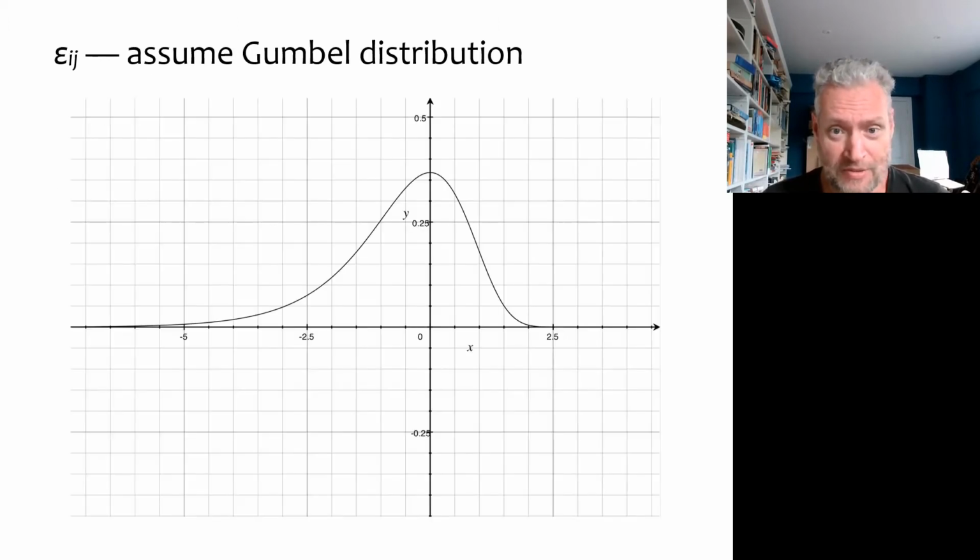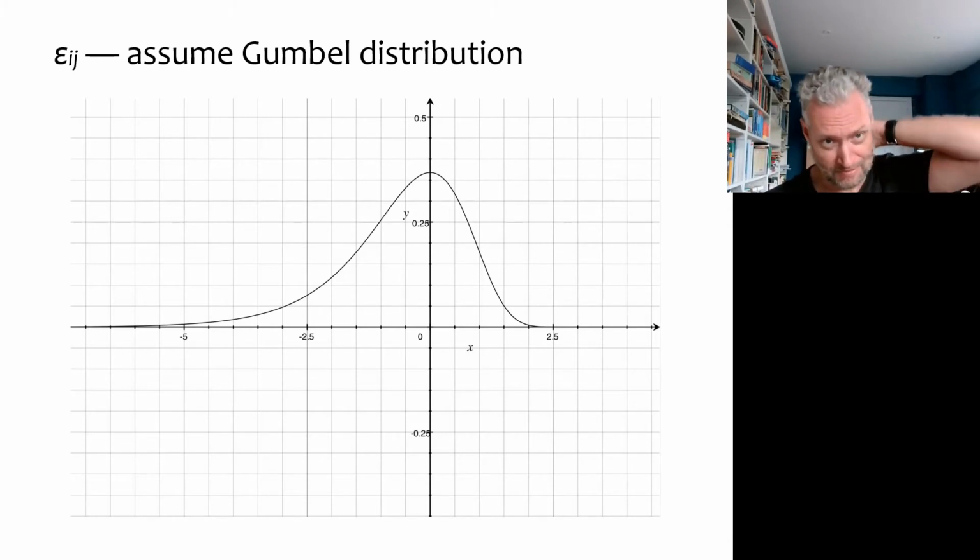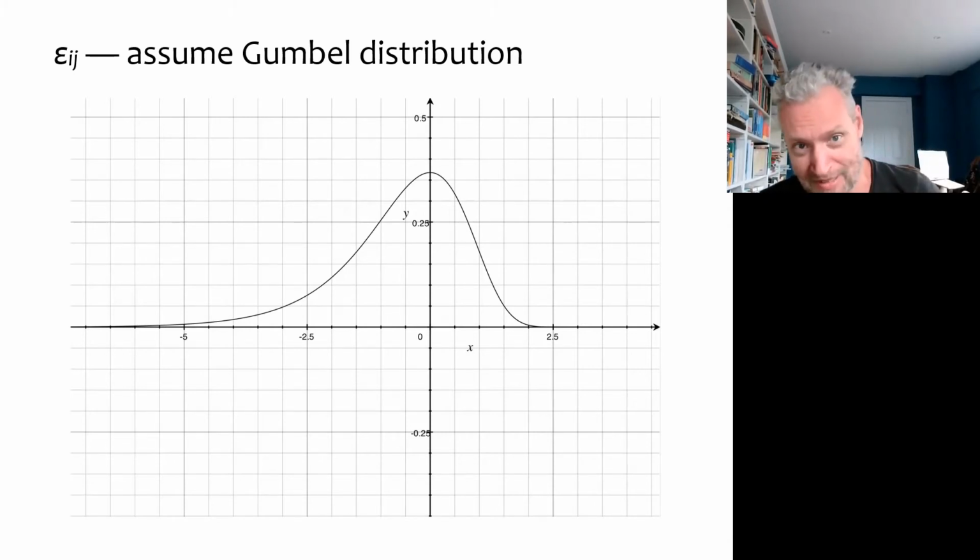That is an assumption that we make, and then we assume that the error term, the random part of the utility, follows a Gumbel distribution that looks something like this. This is the standardized Gumbel distribution.